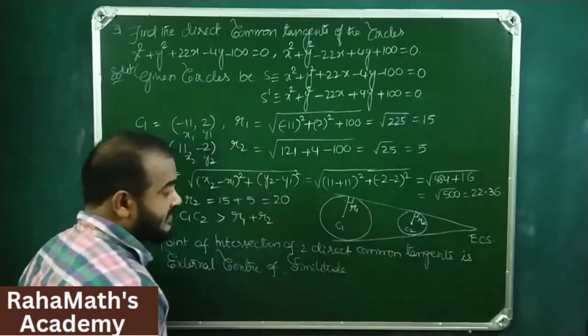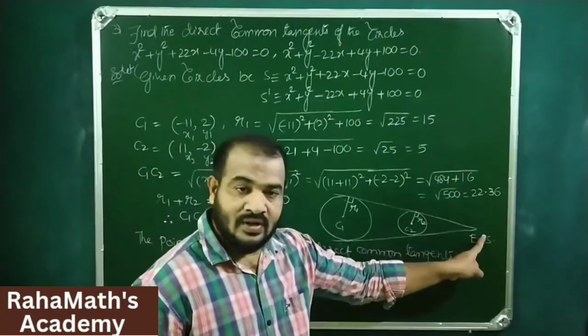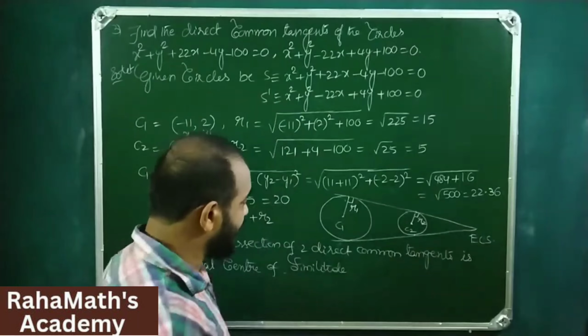So this external center of similitude divides C1C2 in the ratio.